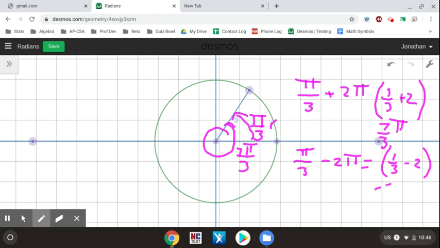So that's going to be negative 5/3 pi, or negative 5 pi over 3, however you prefer to think of it. And once again, we'll mark this one in red, but instead of going in the positive direction, you're going to go in a negative direction, negative 5 pi over 3. And you do notice if you add those together, you end up getting the full distance around the circle.